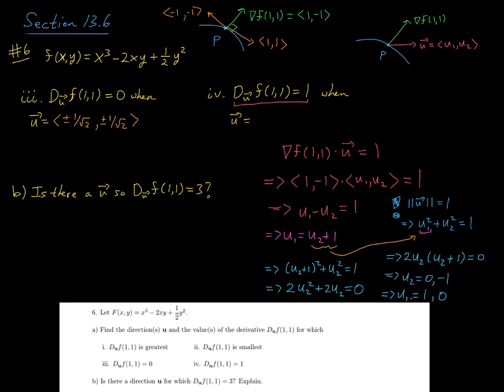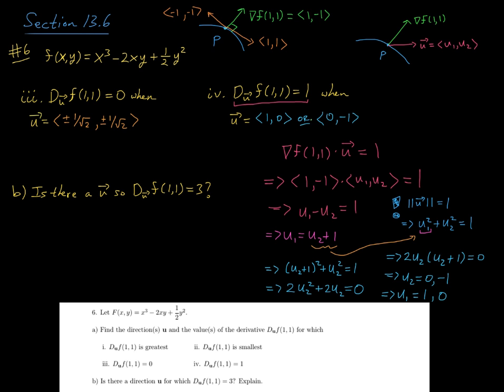Well, if I took u1 to be 1 and u2 to be 0, that would tell me the vector (1, 0). Or if I took u1 to be 0 and u2 to be -1, this could be (0, -1). Notice these are both unit vectors, so we're okay there.